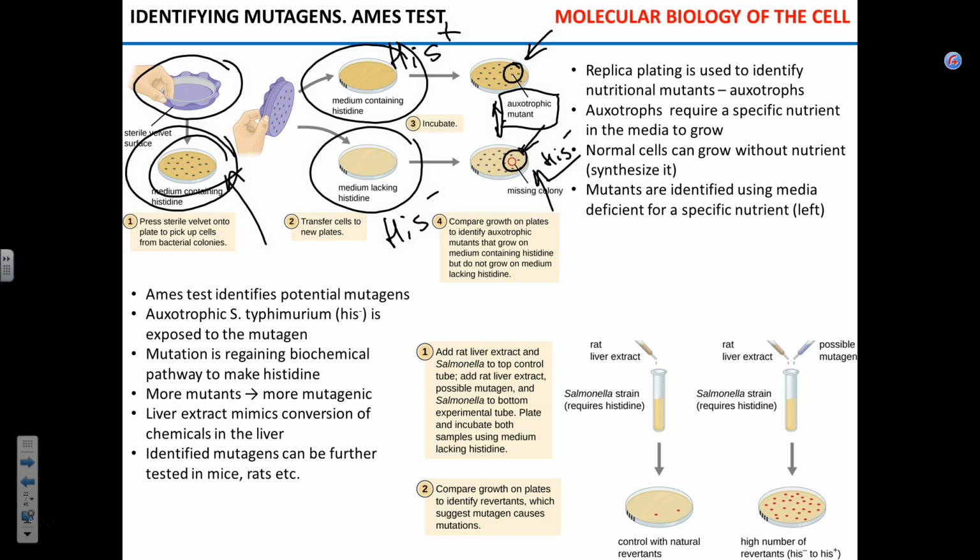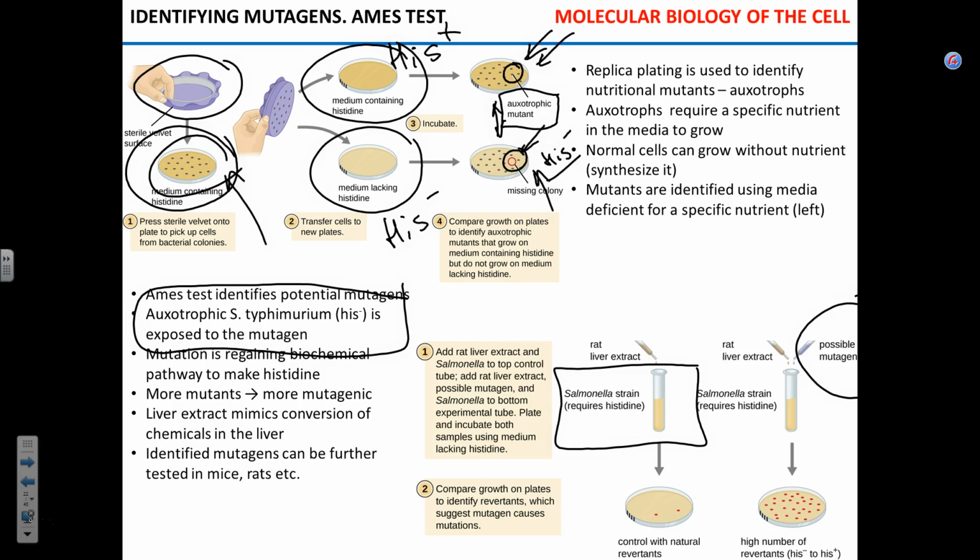So we take the auxotrophic Salmonella typhimurium that we just isolated, and we expose it to the mutagen, right? And then we plate it on the medium that does not contain histidine. Does that make sense?